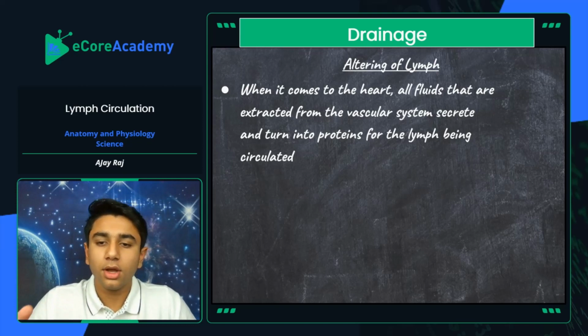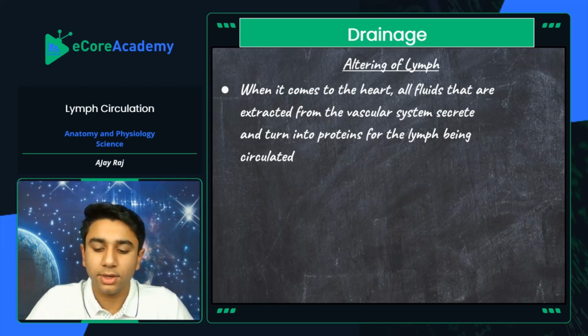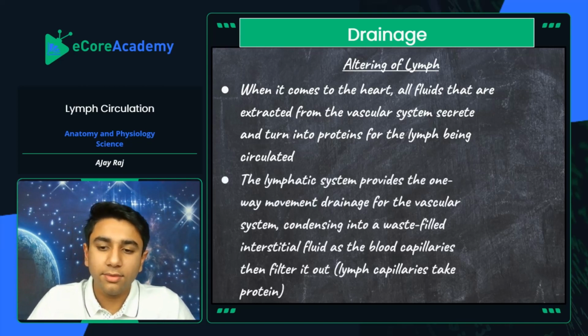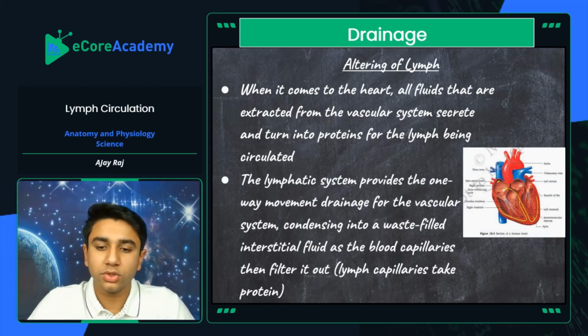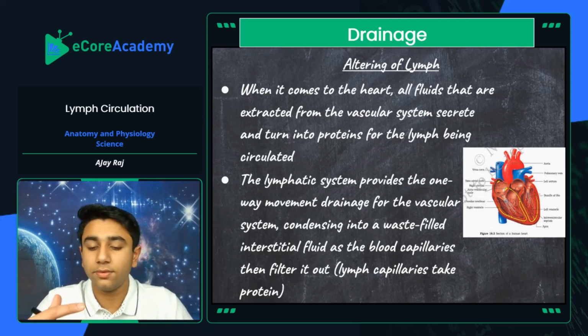And in that manner, what's happening is the heart will actually take these given cells near the heart, these vesicles and these veins, and it will take these dead cells and produce them into proteins for the lymph itself. And of course, that's a protein macromolecule group that's going to be circulated to the rest of the body for utilization towards our muscles, things like that. And the lymphatic system provides the one-way movement drainage for the vascular system, condensing into waste-filled interstitial fluid as the blood capillaries then filter it out.